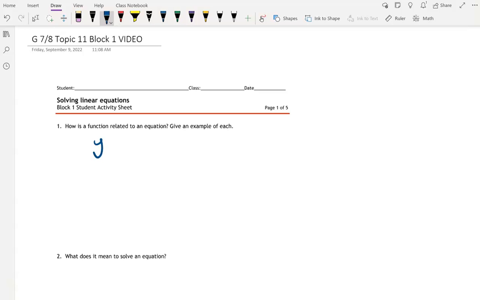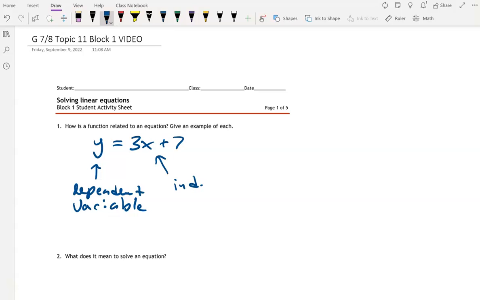We'll just start there. You start off with a variable, and that variable is going to be equal to some other thing on the other side of the equal sign, but involves yet another variable. That's a function. In this case, the y is called the dependent variable, and the x is the independent variable.